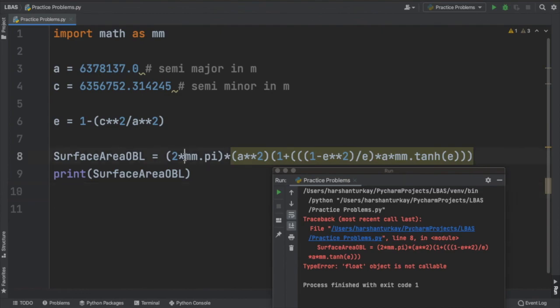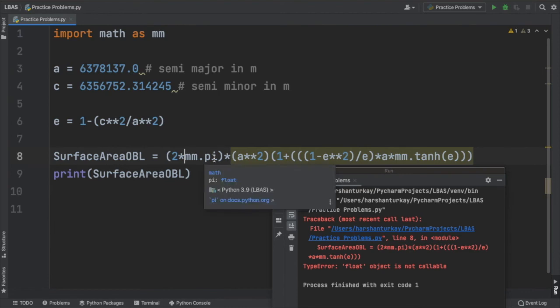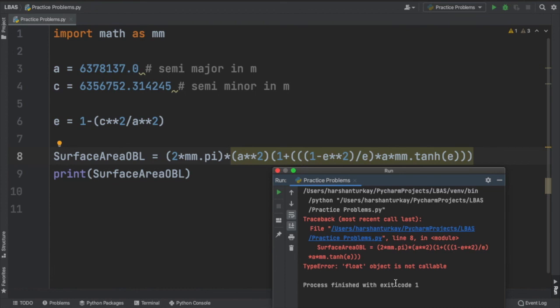This is pi times a square, m dot tan, which calculates this, and then it multiplies a with it and multiplies tanh e here. Okay, I'm not able to understand this.